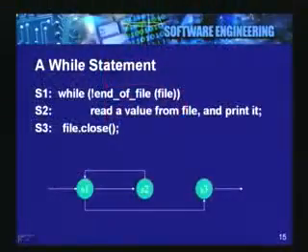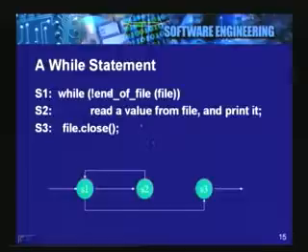In this slide we have 3 statements, and you are processing a file. While it is not end of file, you read a value from the file and print it, and when the end of file is reached, the loop terminates and you continue with the program. So, S3 is the next statement. It is basically a sequential composition of S1, S2 together as a while loop, and then S3 at the end of the while loop.